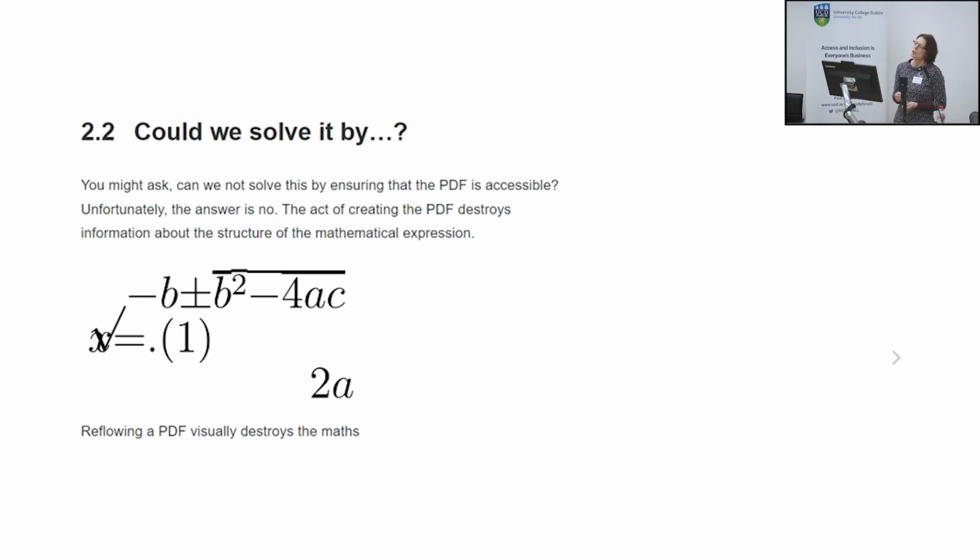And that's because portable document format does not encode within it the connection between the numerator and the denominator of a fraction. There's no idea of the fractionness being there. It is visual placement of symbols in space on the original rendering of the page. So when we try and reflow it, it disappears. And when a screen reader tries to read it, we get a similar mess that you can see in front of you. So that's what the video is showing.